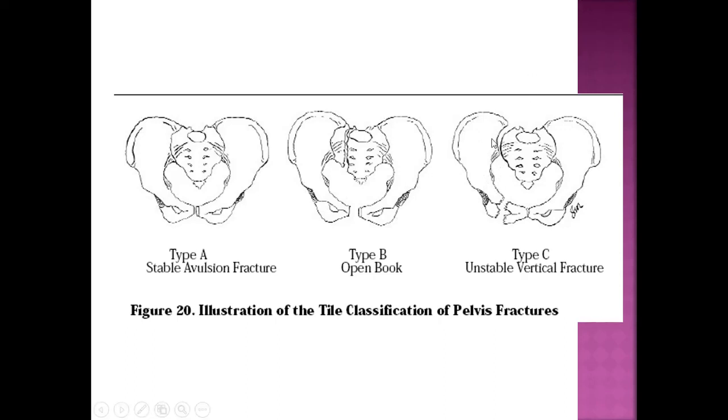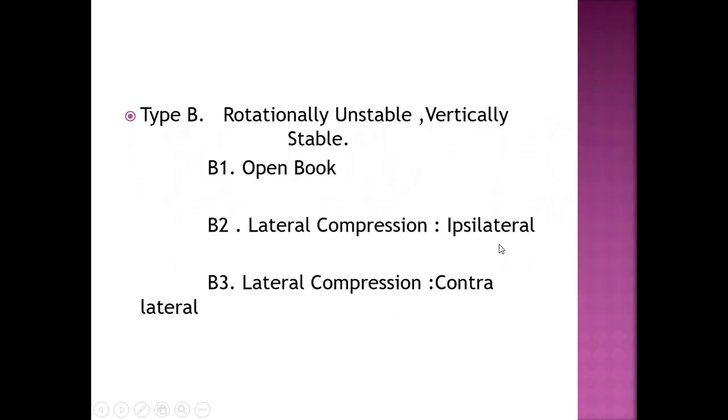So when it's shifted upward, it's called vertical shear fracture, and it is unstable fracture. Type B is rotationally unstable and vertically stable fracture, in which there is open book fracture, which I show you in the diagram.